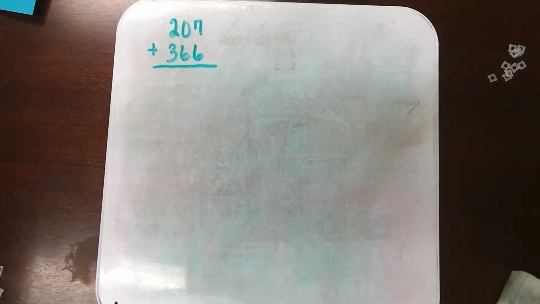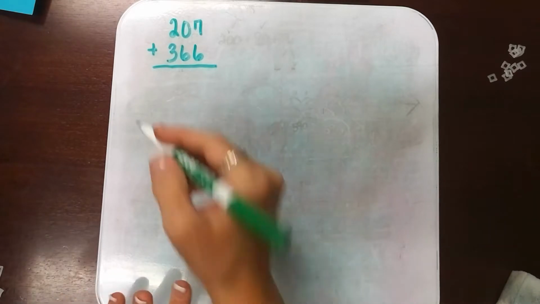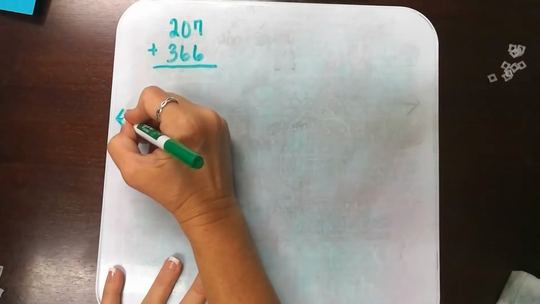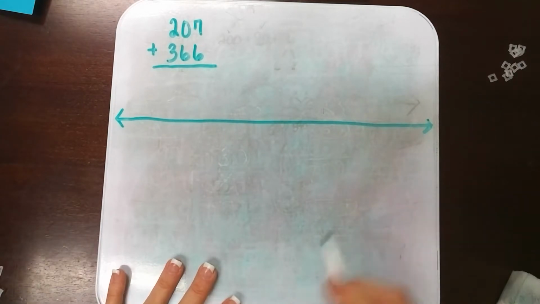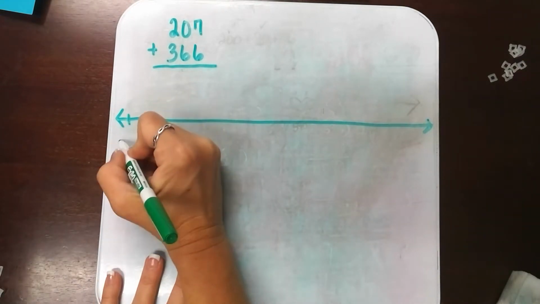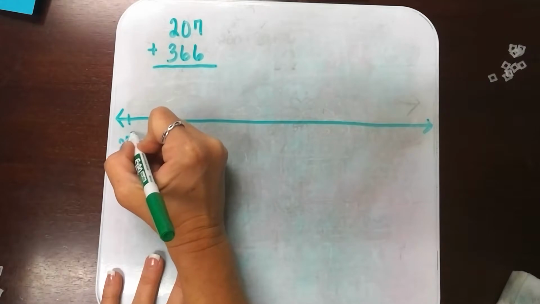Okay, so let's talk about this on our open number line. And basically an open number line is exactly what it sounds like. Students draw an open number line, and they're going to start with 207.